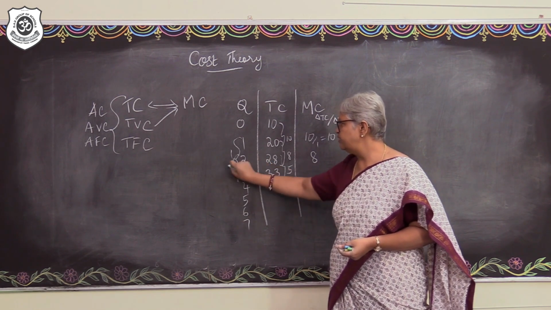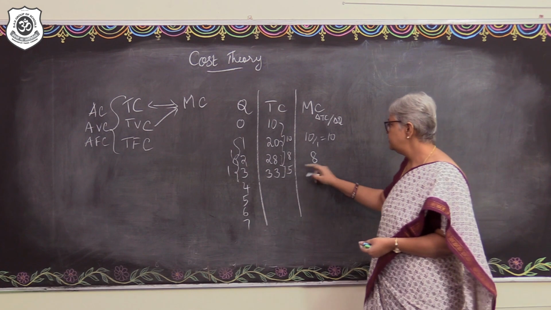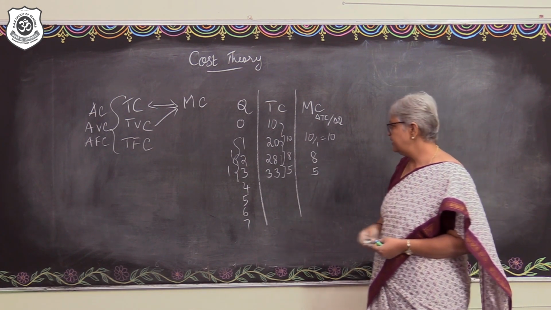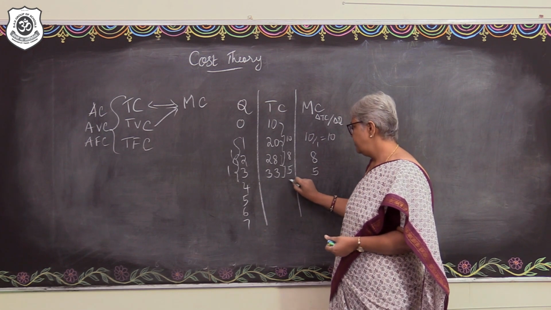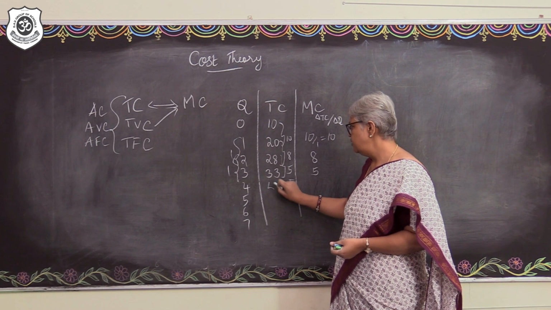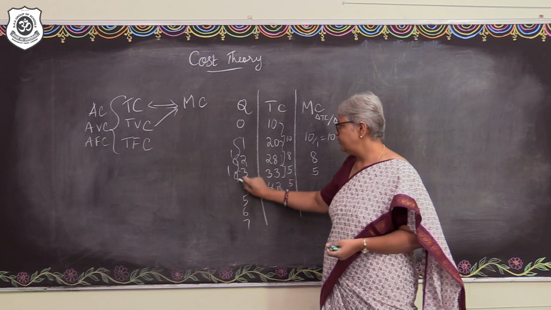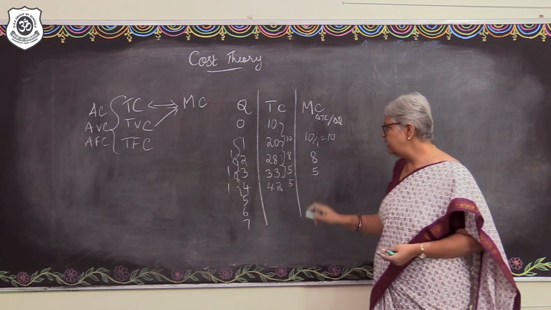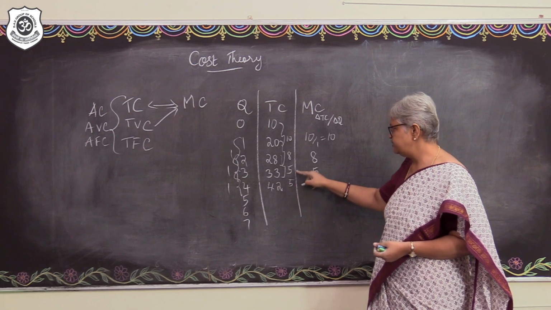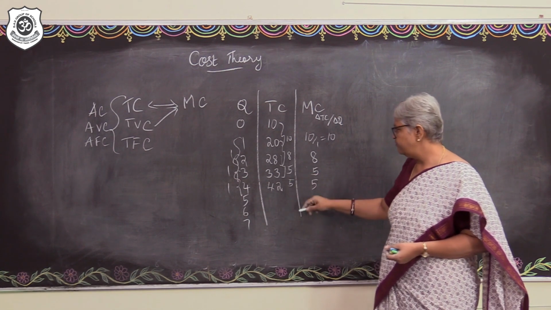And the level of output is increasing by 1. So, this is going to be 5 by 1, which is 5. And then again, by 5, let's say it's going to increase, and let us say that's going to be 42. What about the output? That's increasing by 1. So that is going to be again at a constant rate. The MC is changing. Fine.